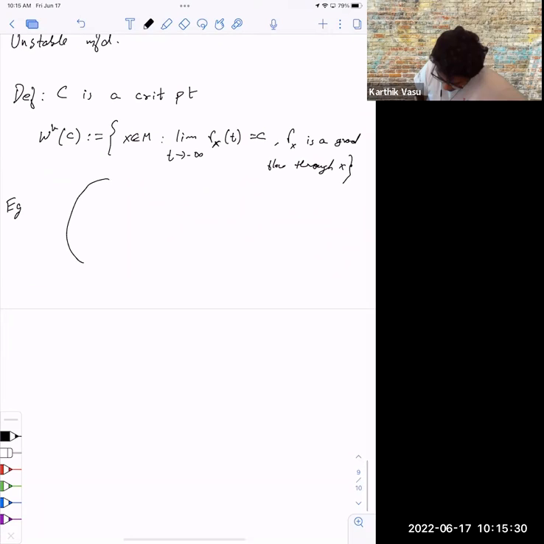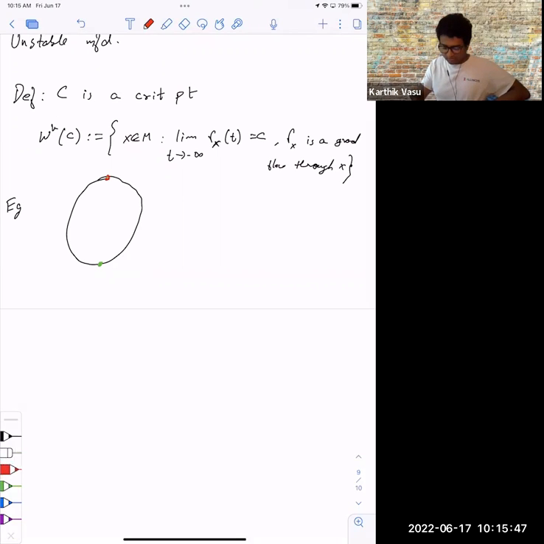So for the circle, it's pretty simple. For the gradient, we'll use two different colors here. I'll denote these two critical points with different colors so that I can show you what the unstable manifold for each is. If you start at any point except for the bottom one here, you will have flown from the maximum value.